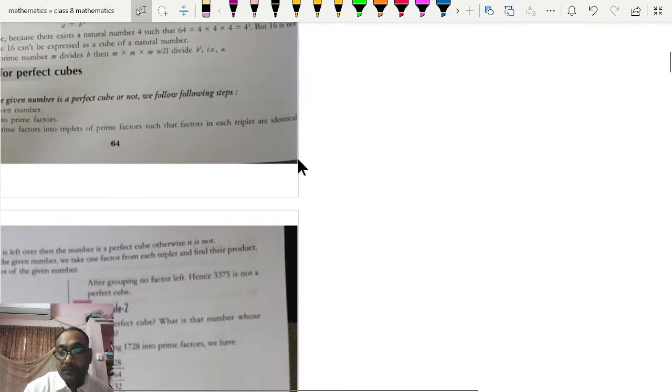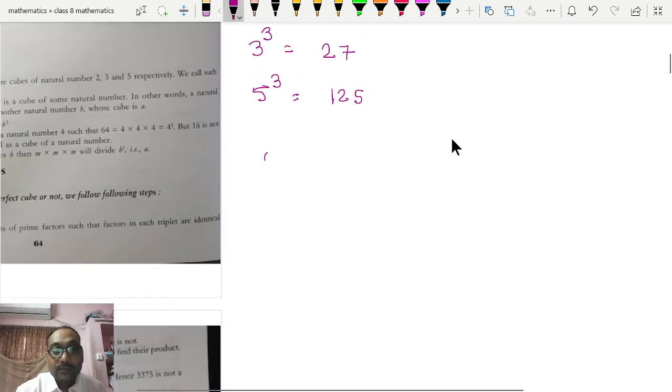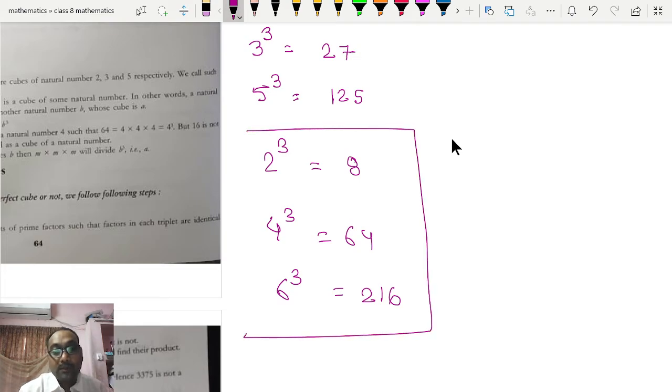But when you find the cube of an even number like 2, 4, 6, it will be 8, 64, and 216. These are all even numbers. So the cube of an odd number is always odd, and the cube of an even number is always even.